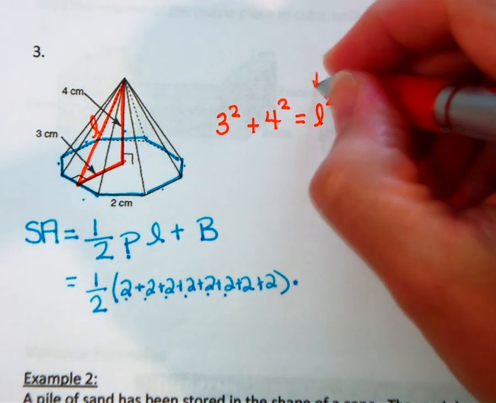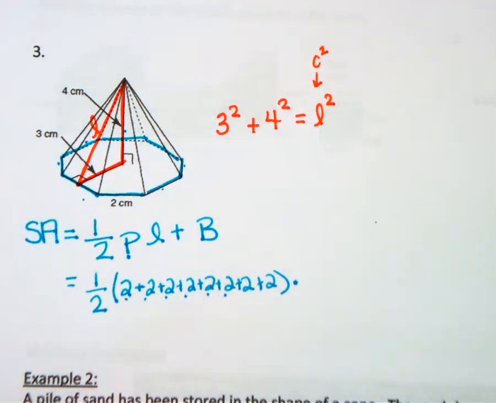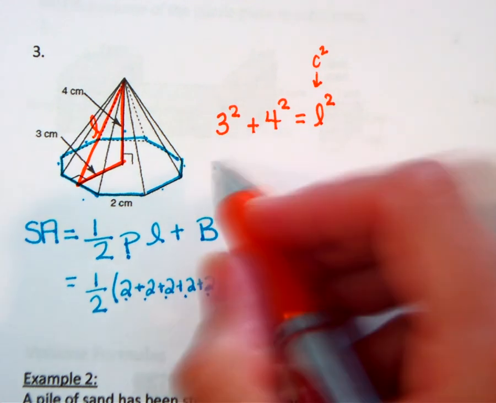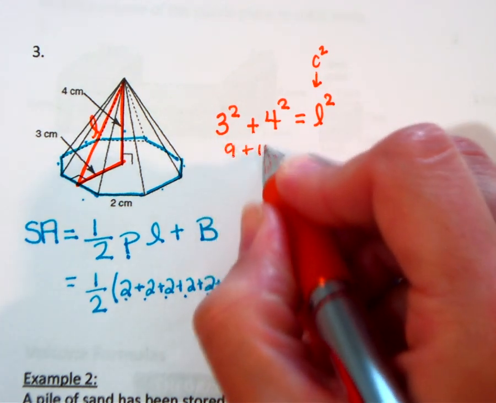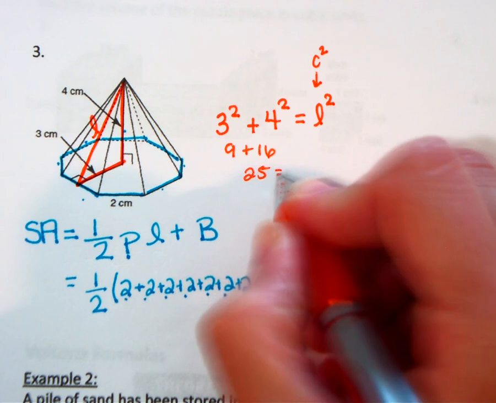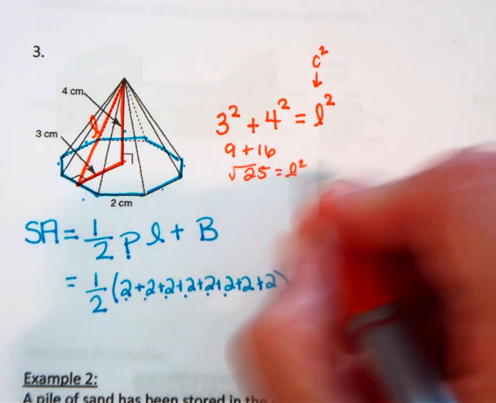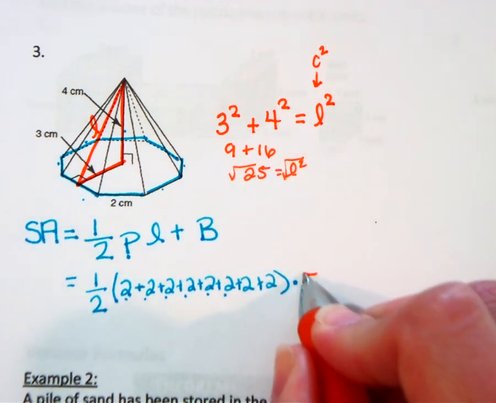Okay, so slant height will always be your c squared. So a squared, b squared, c squared. But if you know that one of the sides is 3, the other side is 4, the hypotenuse is always going to be 5. Okay, so if you went through this process, 3 squared is 9 plus 16, which is 25. The square root of 25 is 5. So my slant height is 5.